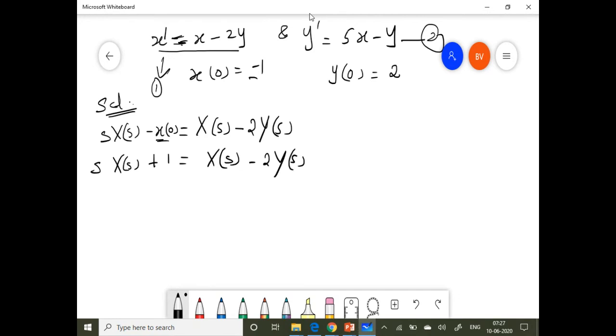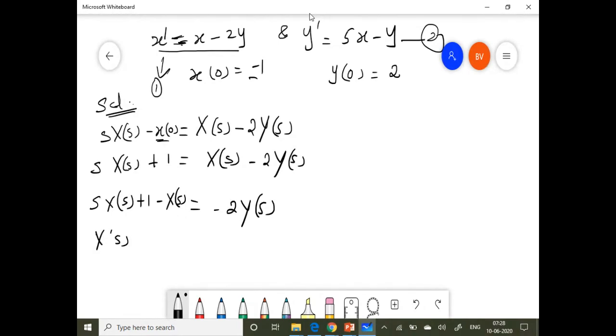We need to eliminate either y or x. You can choose. Keep the y in the right side, minus 2 y of s, and then club all x in the left side. S times x of s plus 1 minus x of s.